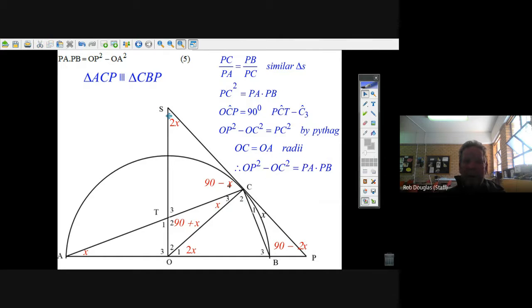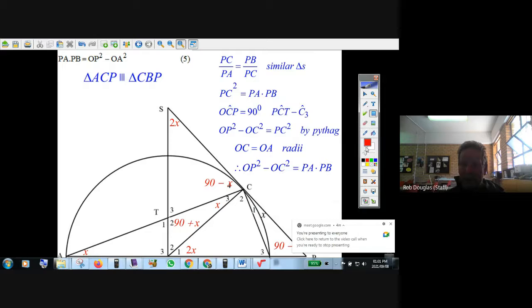Therefore, OP squared minus OC squared, I wanted to say OA squared. And then the last thing, we can put in OA squared and get our answer. What we want right here is OA squared. Therefore, we get our answer because OC is really equal to OA.